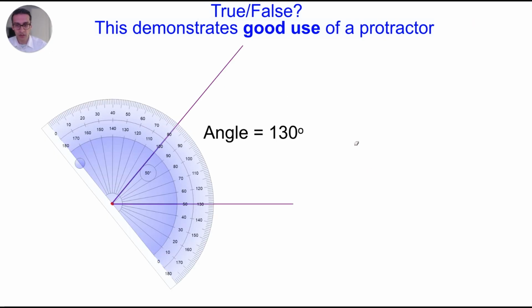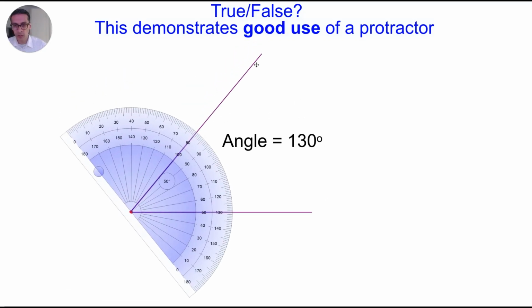Okay, next one. Is this a good use of a protractor? So we can see again, not really. What you want to do is make sure that the arms of the angle, one of the arms should be the base, should meet the base of the protractor. So I'm now going to rotate this protractor just to make it a little bit easier to measure.